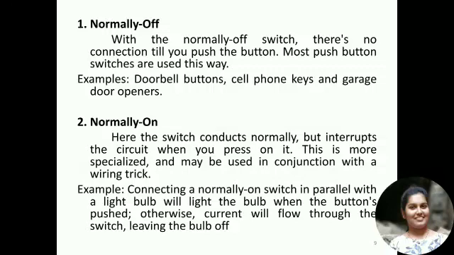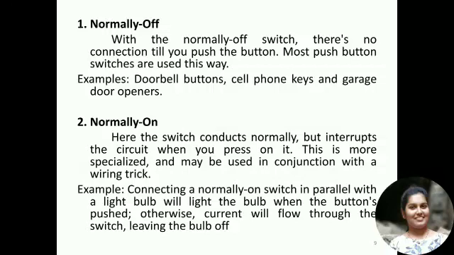Connecting a normally on switch in parallel with a light bulb will light the bulb when the button is pushed. That is, you take a parallel connection of a light bulb and a button. When you push the button, the light will glow.